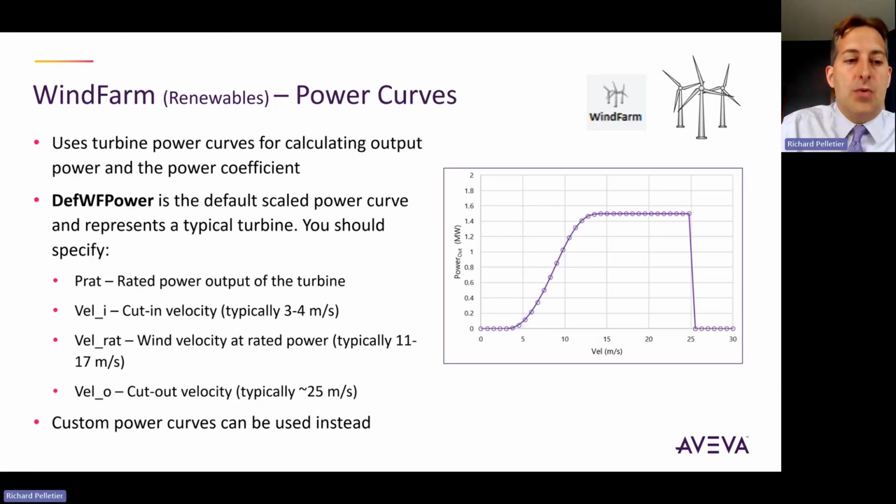All right, so here's one example. There's power curves. So power as a function of the velocity, right? And so you can see there's a default curve here that is typically used in the wind farm. This one here goes up as the velocity increases. At a certain point, you've reached the max amount of power that you can get at any speed within this range here.